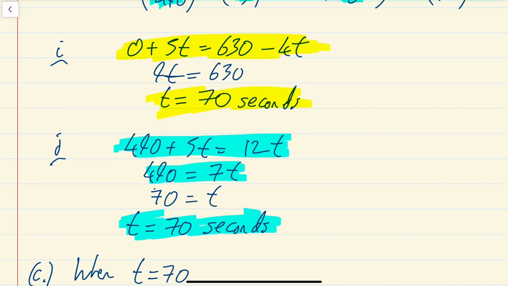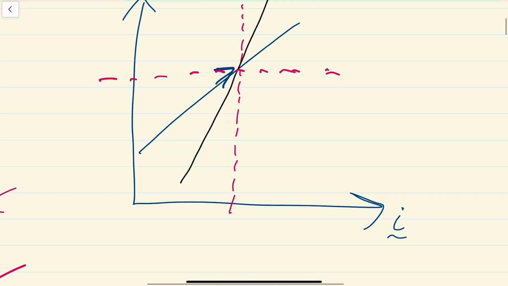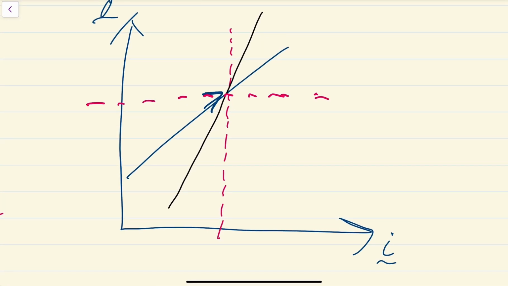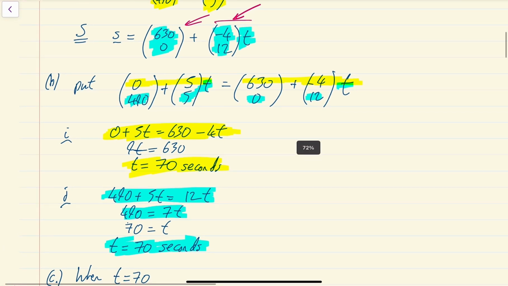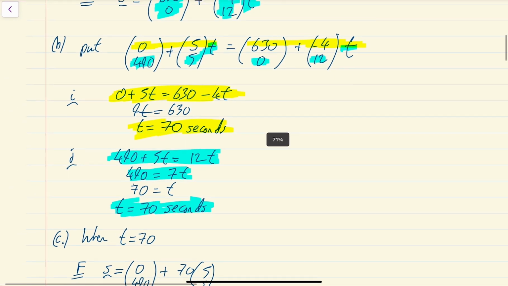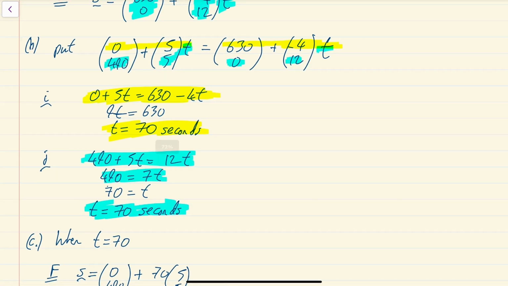So that means at 70 seconds, their i component is the same, and very importantly, their j component is the same. So that means they will intersect. So this t is equal to 70. If you imagine here, that would have been when t is equal to 70, their i component and their j component were the same. Now, the question could ask you to show if they meet or not.